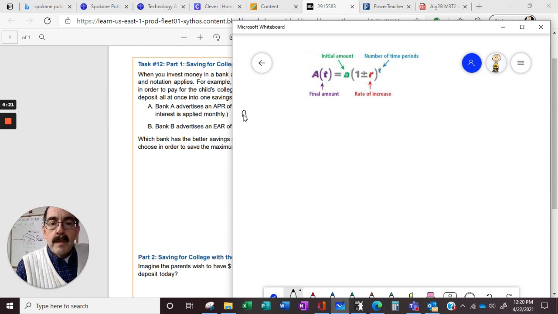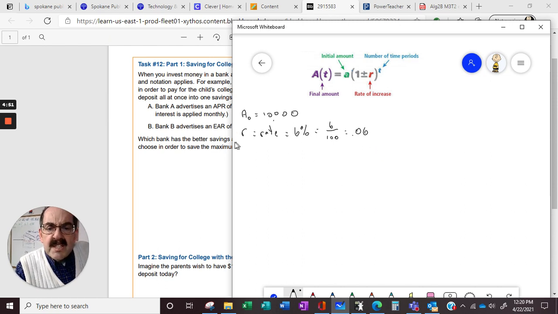In the first one, we have $10,000, and the rate, little r, is 6%, but we don't have percent buttons on our calculator, so we have to remember that it's 6 divided by 100, which is 0.06. So 0.06, and we have a time frame of 18 years.